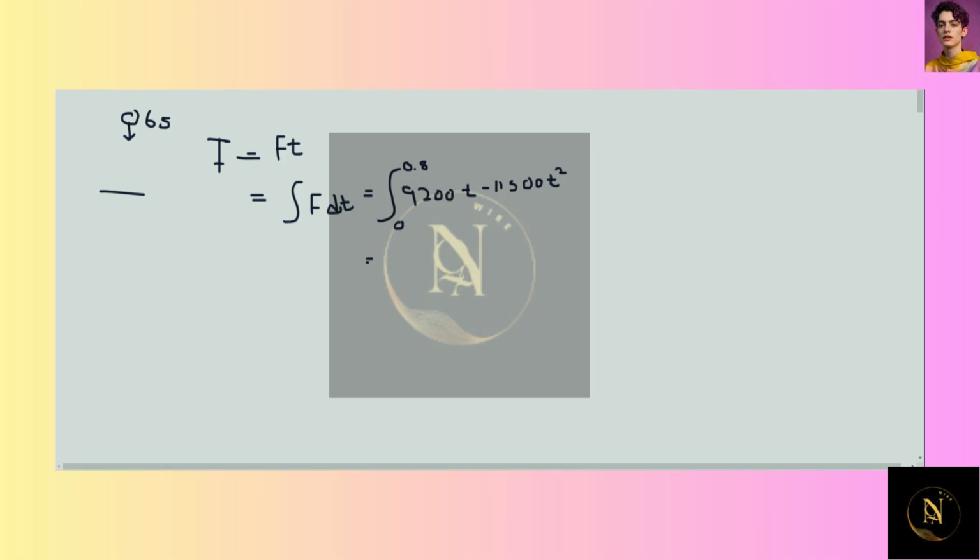What you find is that the impulse is something like 2,944 minus 1,962.6, which gives you a total impulse of around 981.4 Newton seconds, again because this is a force times the time.